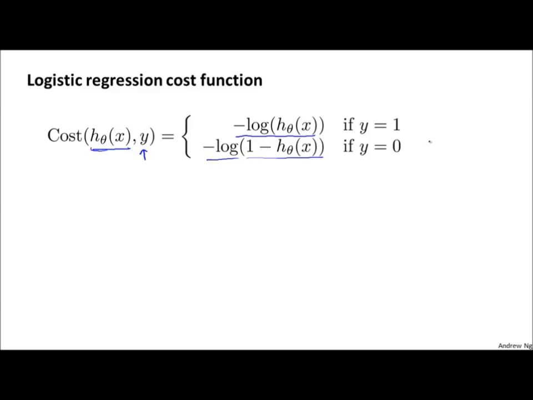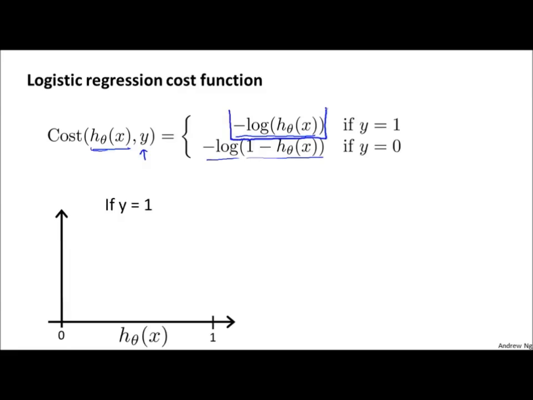This looks like a pretty complicated function, but let's plot this function to gain some intuition about what it's doing. Let's start off with the case of y equals 1. If y is equal to 1, then the cost function is minus log h of x. And if we plot that, so let's say that the horizontal axis is h of x, so we know that our hypothesis is going to output a value between 0 and 1.